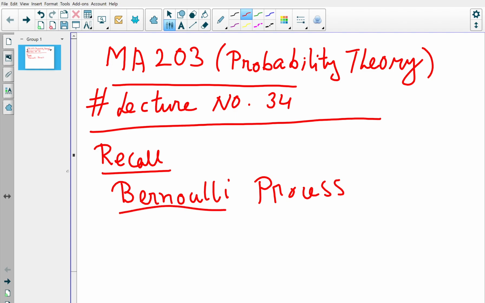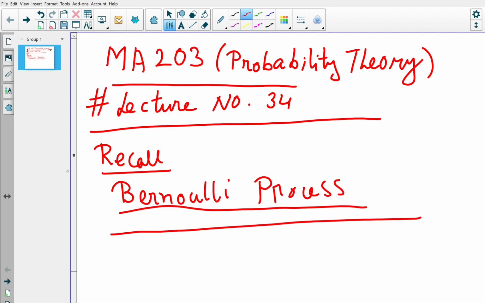So what was that? You have a sequence of independent Bernoulli random variables with parameter p, the probability of arriving at something which we are calling success.